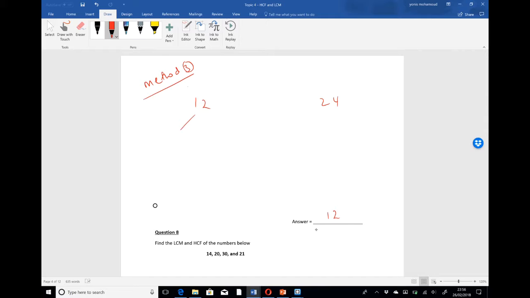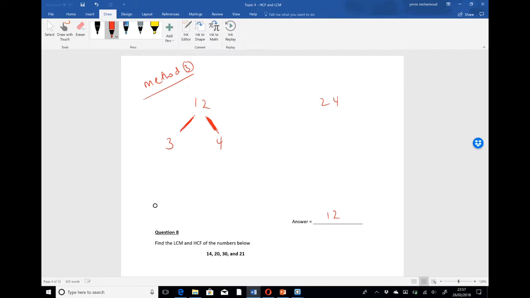With 12, I'm going to draw these two sticks. These two sticks symbolize two numbers that multiply together to give me 12. Those two numbers can be 3 and 4, or you can do 6 and 2. It doesn't really matter. Then you're going to have a look at each of those numbers in turn.